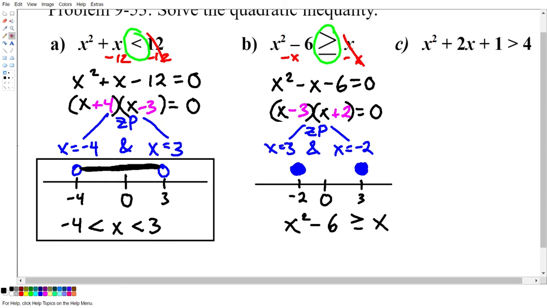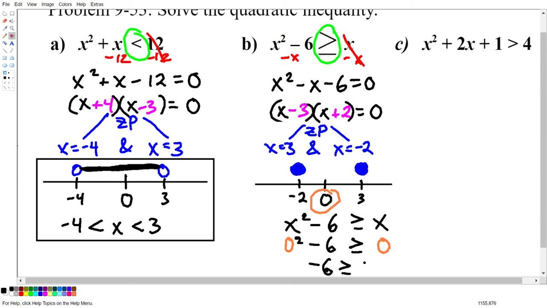If I plug in 0, what would I get? 0 squared minus 6 is greater than or equal to 0. 0 minus 6 is negative 6.